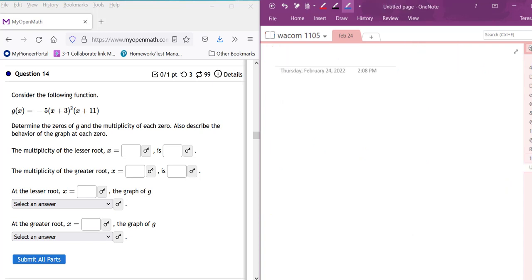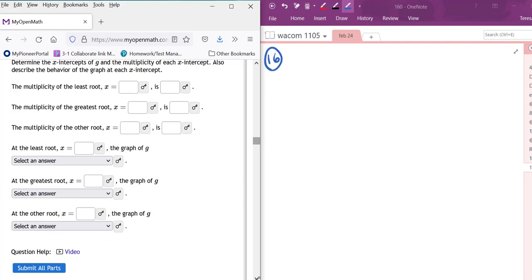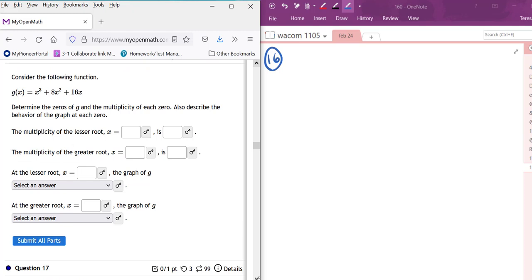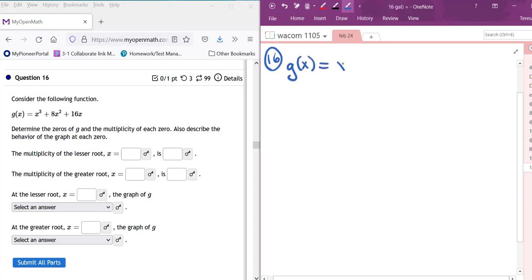So next I picked 16. And this one doesn't give us factored form. And so we are going to factor here and set equal to 0 and solve.